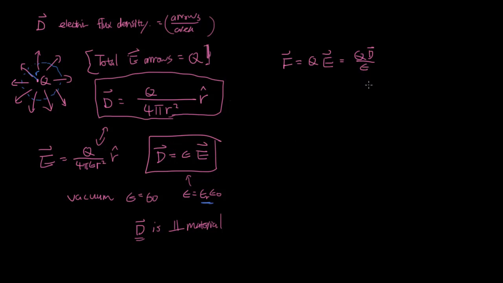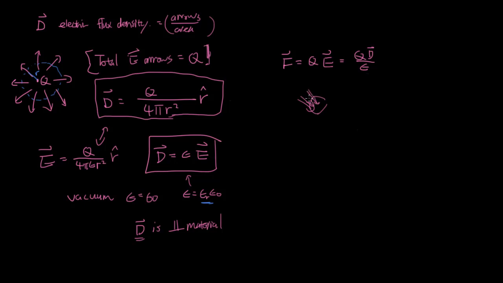One way to view this epsilon is: for a fixed density of arrows going through, how does that translate to the force that a unit charge would feel if it was stuck in there? And that is material dependent.